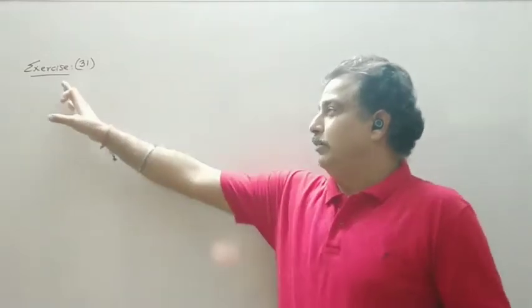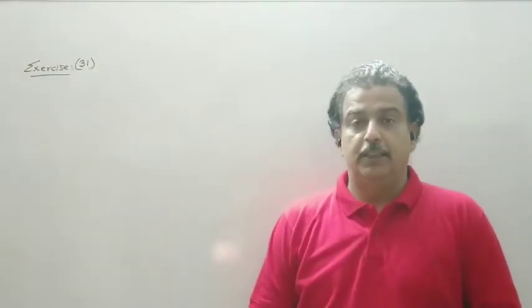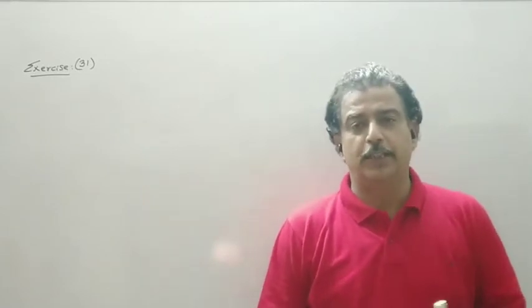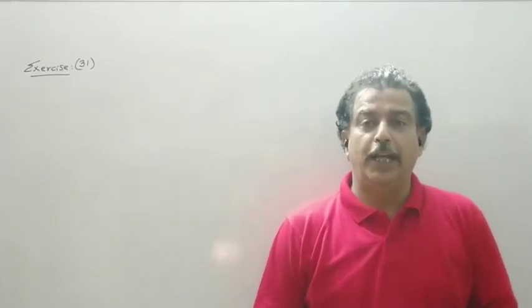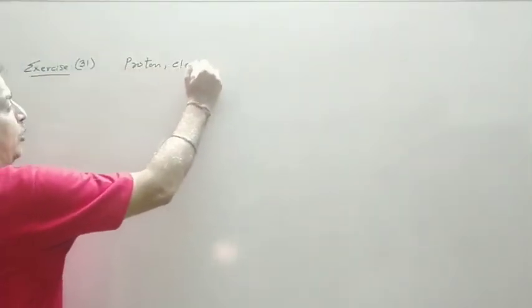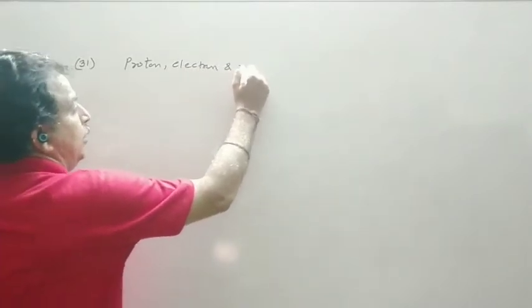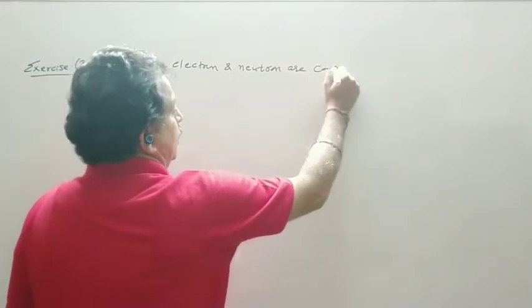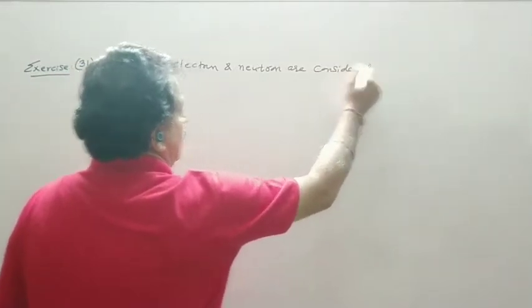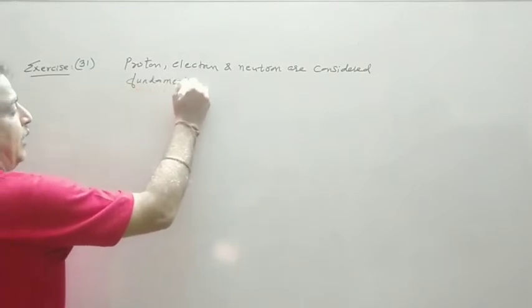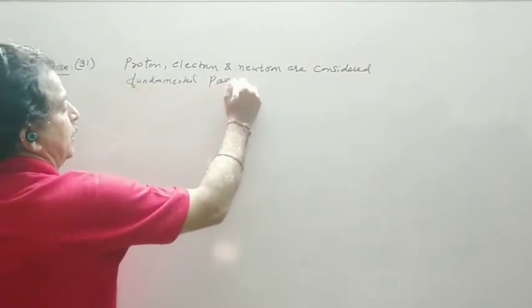Now let us come to question number 31, which is a discussion. Now we know that proton, electron and neutron are considered fundamental particles.